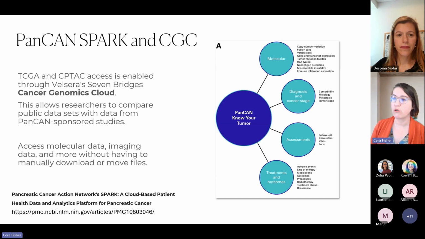So that allows researchers who are working within PanCan Spark to compare those public data sets with the data from the PanCan sponsored studies. That lets you access molecular data and imaging data, but doing it in the comfort of the cloud where you don't have to download those files and then re-upload them somewhere. You can simply stream them to your analysis.